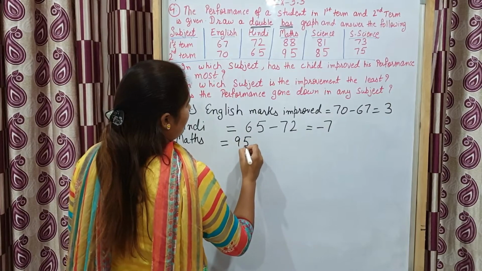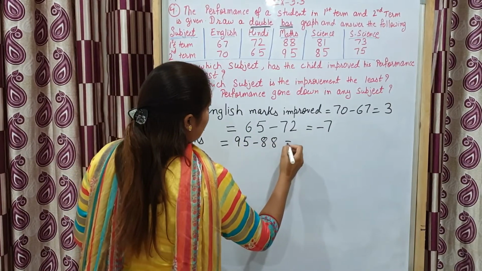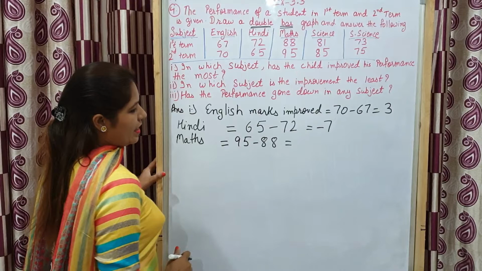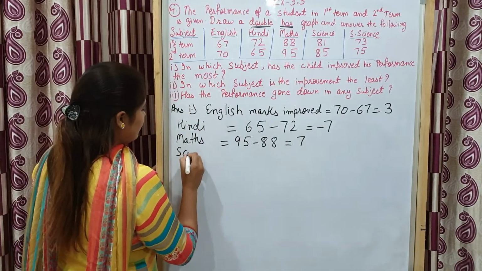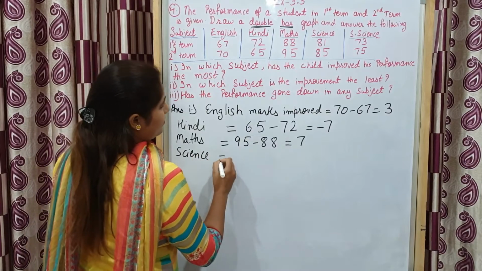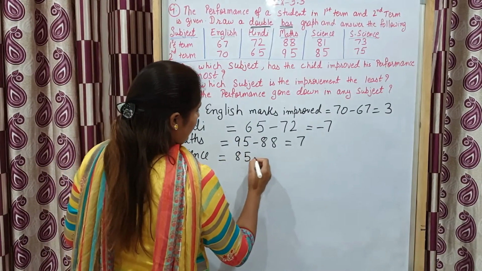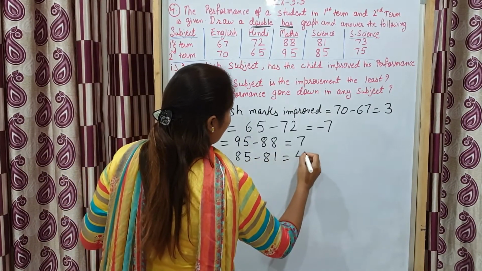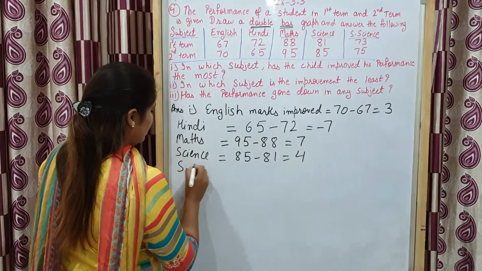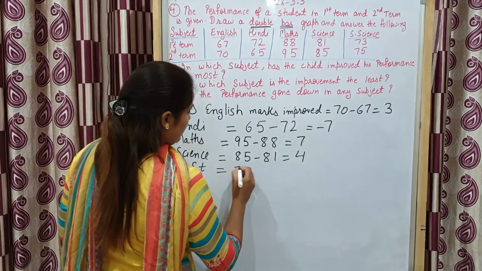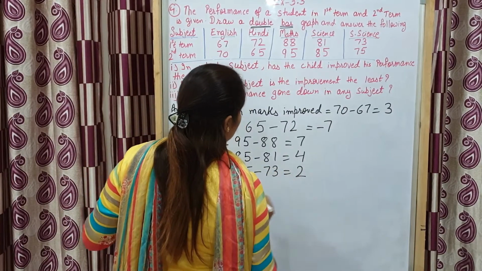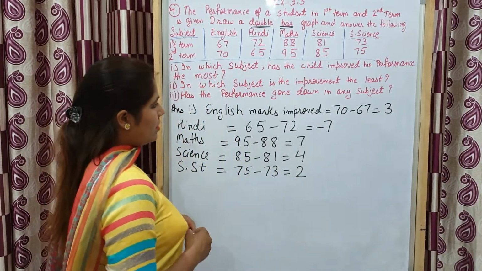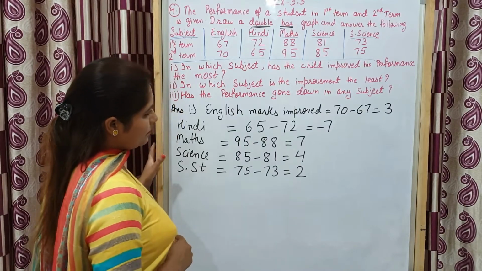Now in maths, 95 minus 88, 7. Next is science. 85 minus 81, that is 4. Next is social science. 75 minus 73, that is 2. Now students, see here carefully.